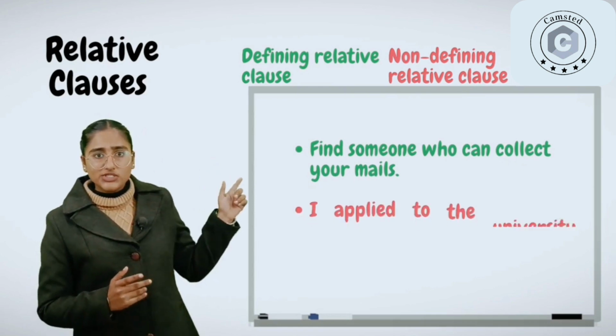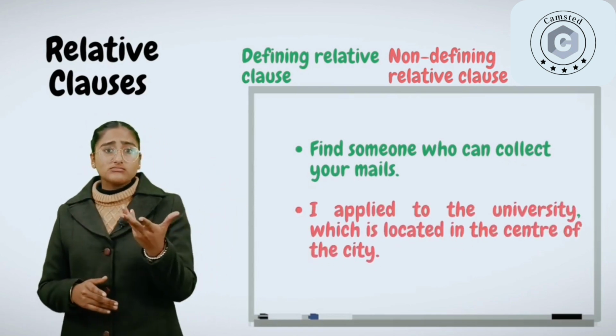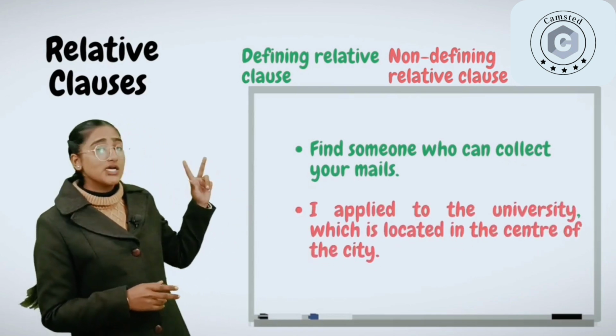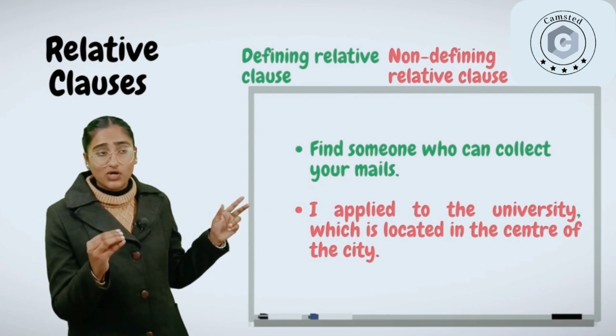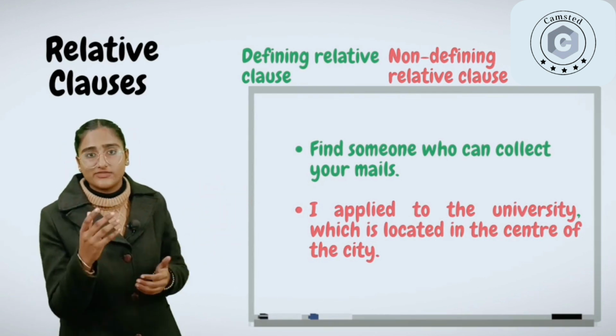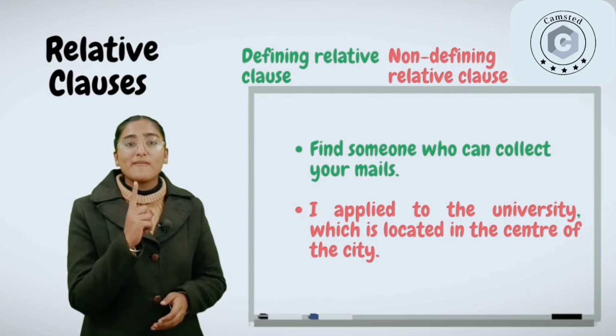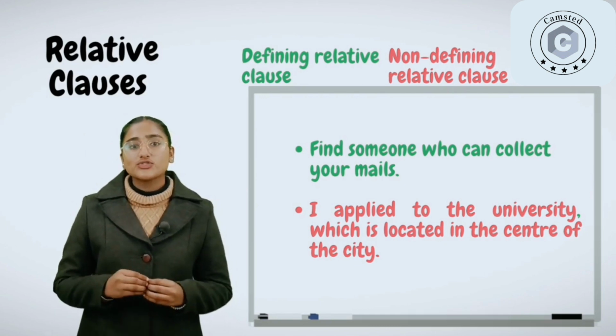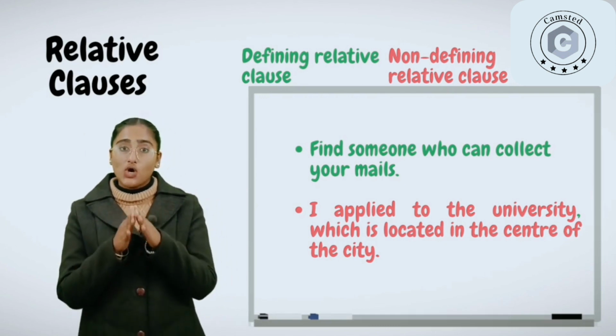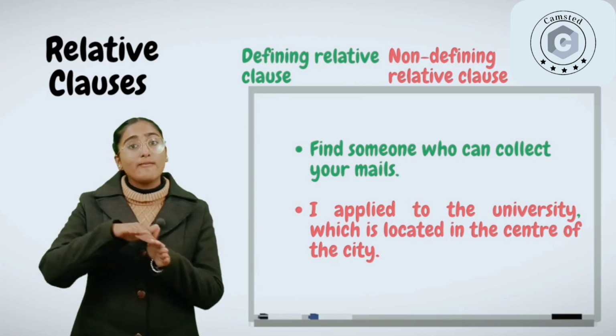Look at these examples. You can understand the difference between the defining relative clause and the non-defining relative clause. Remember, we always use a comma to separate the non-defining relative clause from a main clause.